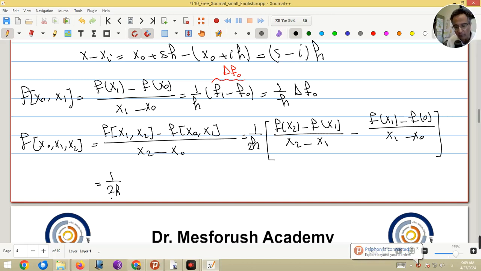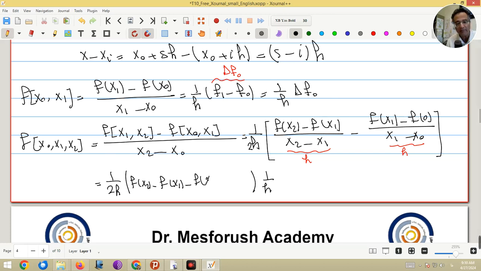It will be 1 over 2h, and here this one is h and this one will be h. So I can factor 1 over h from both these terms in the bracket, and I can write f of x2 minus f of x1 minus f of x1 minus f of x0, and it will be 1 over 2h squared.